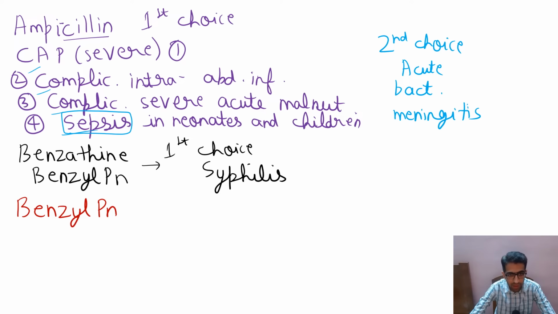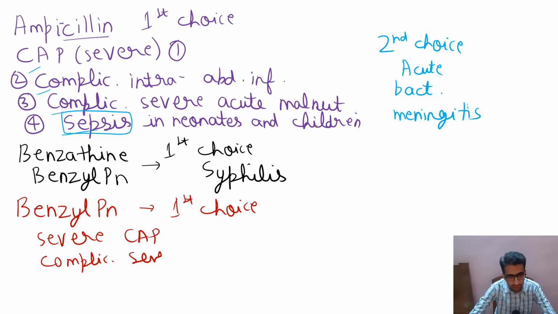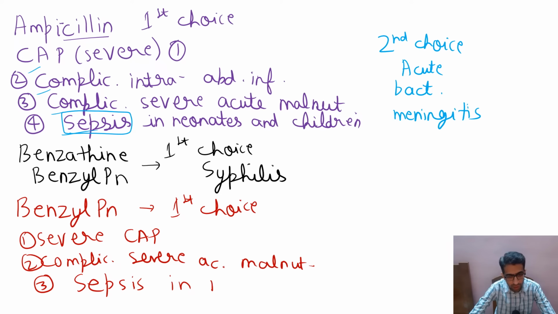Then in benzyl penicillin, the first choice is severe community acquired pneumonia, complicated severe acute malnutrition, then sepsis in neonates and children, and to some extent syphilis.